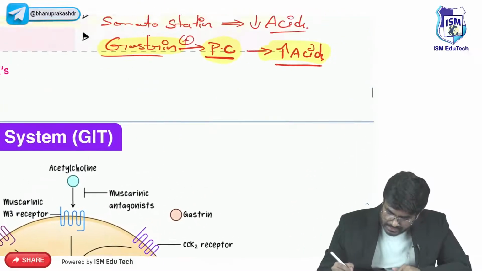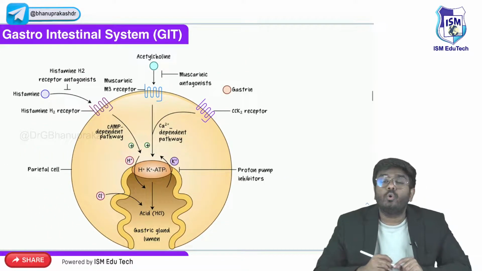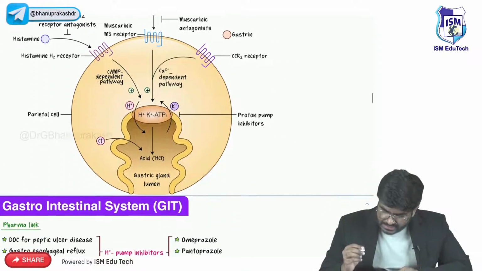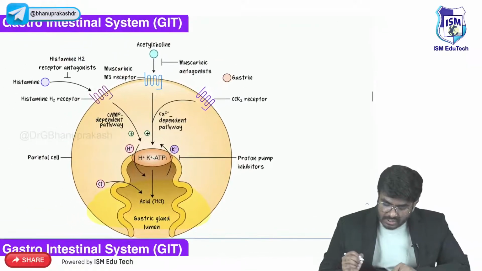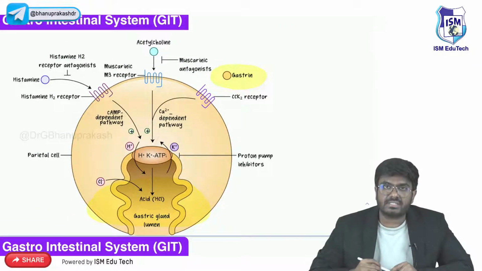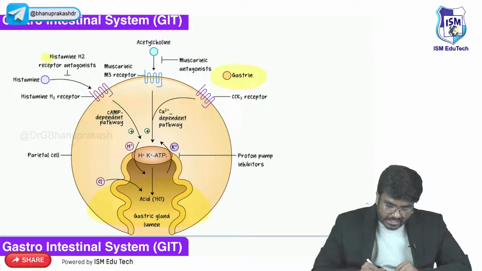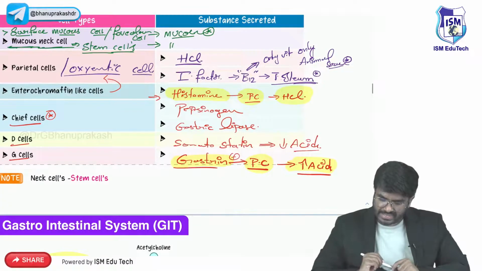So if this is the parietal cell, now look here, I am showing you. Who is stimulating the parietal cell to produce the acid? How can we say this is the parietal cell? See, it is producing the acid here. So what are the stimulations for the parietal cell? One, I have already taught you, gastrin from G cells, and histamine from enterochromaffin-like cells.